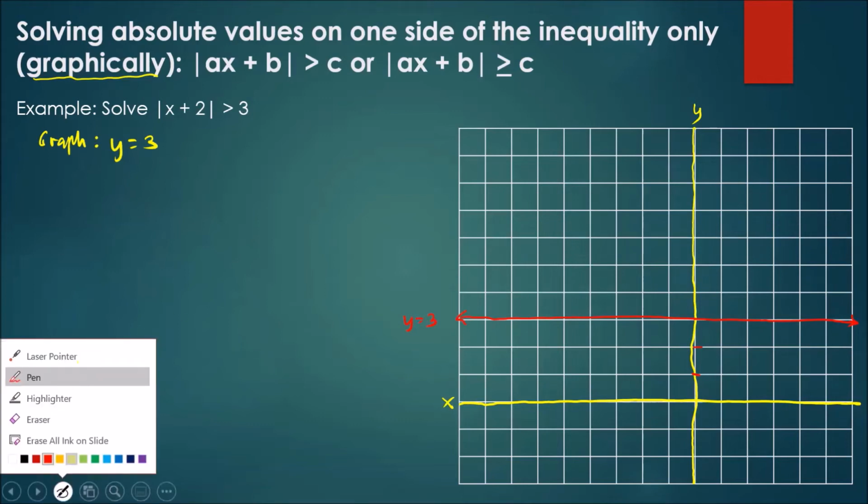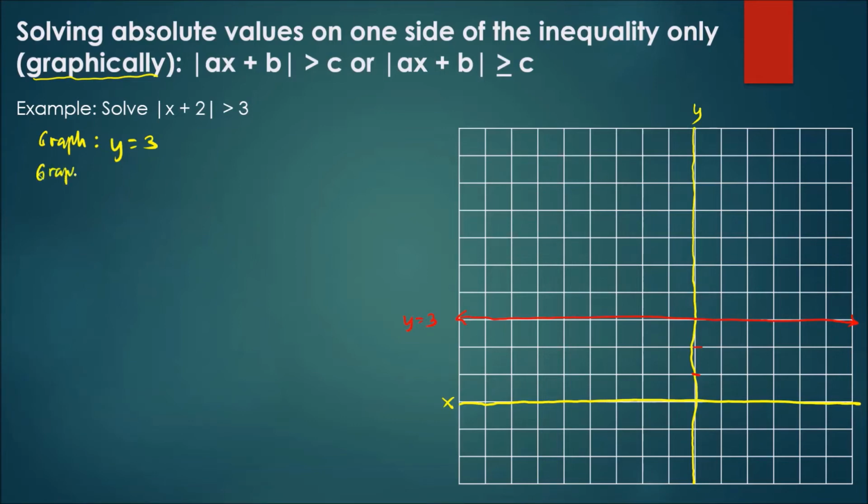Then let us also graph y is equal to the modulus of x plus 2. Again, to graph this, we need the table of values. If x is 0, y is 2. If y is 0, then x is negative 2, right? And we know that we need to get the intersection. So we plug in 3 to y and solve for x.